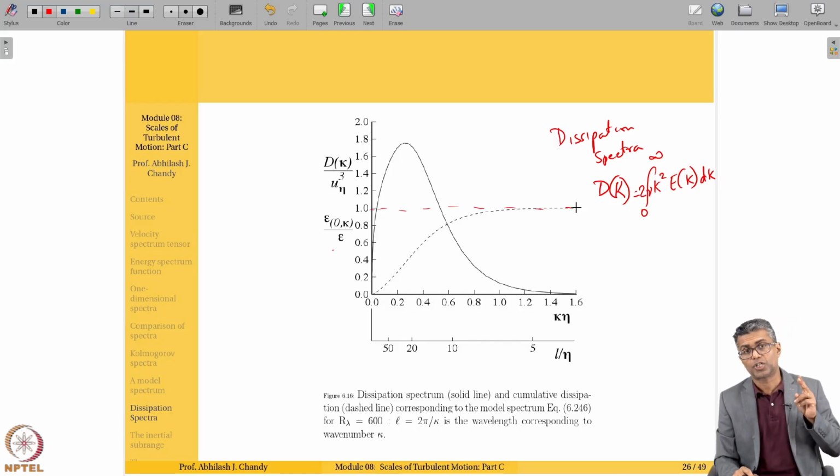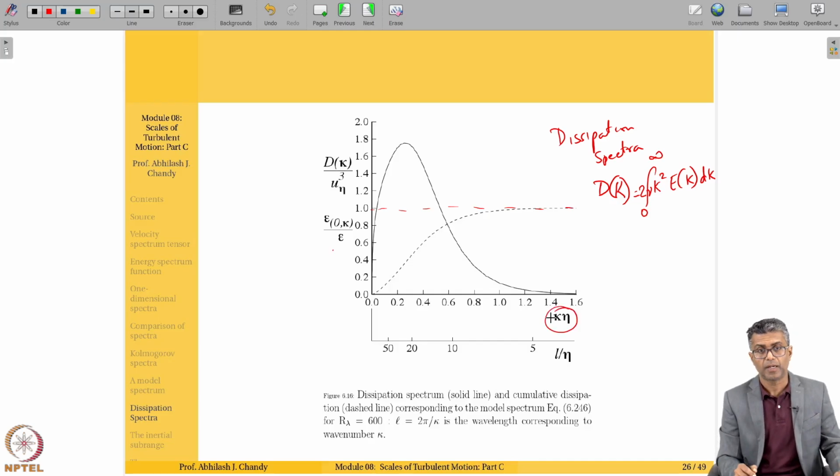The x-axis is shown on two different scales. One is kappa eta, and in order to see how the scales vary, it is plotted against L over eta.